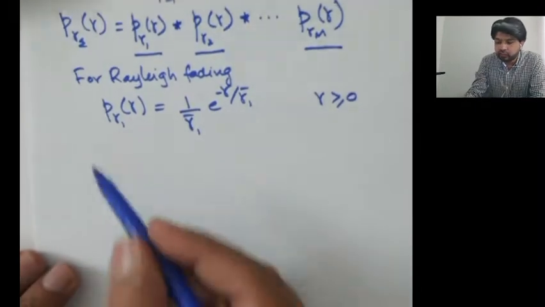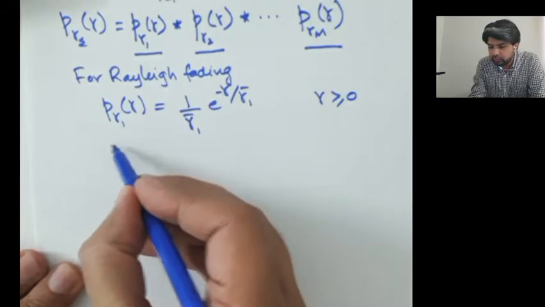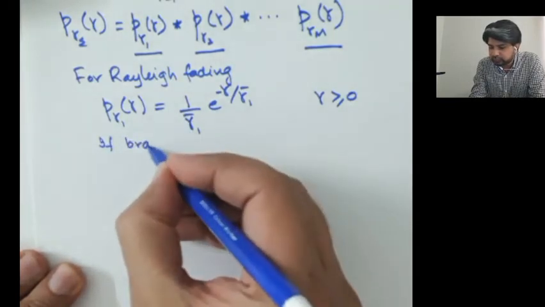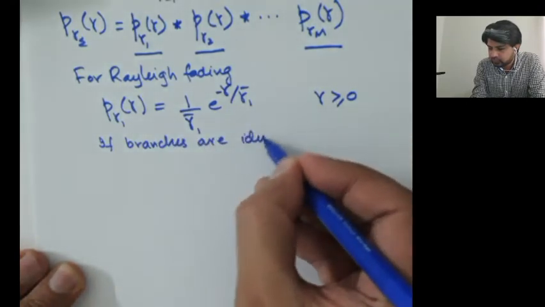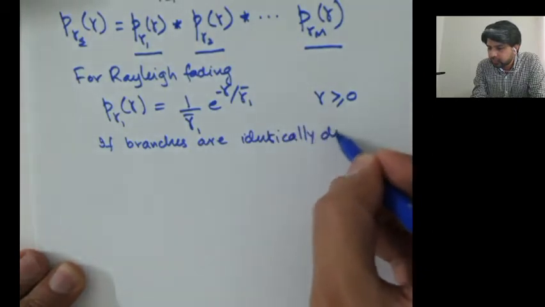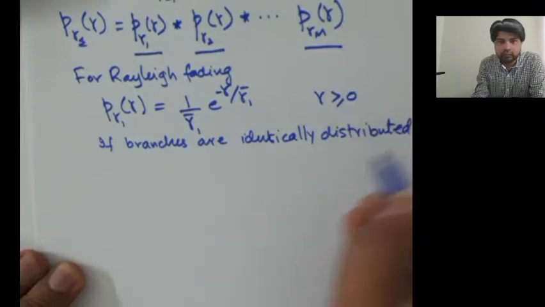Now let's assume that all of these branches are identically distributed. That means they would all have the same mean.